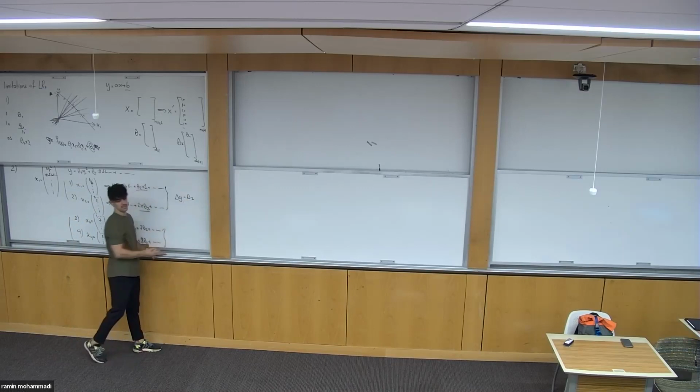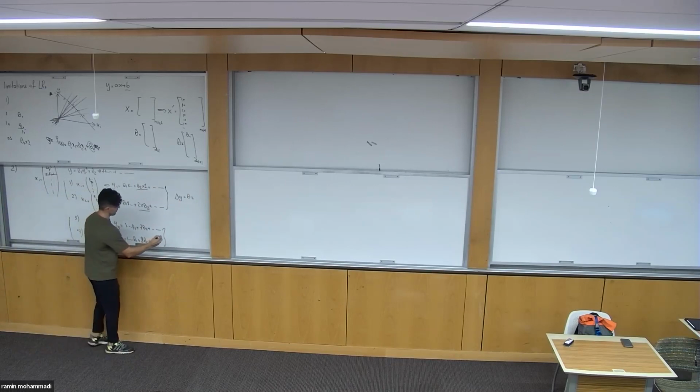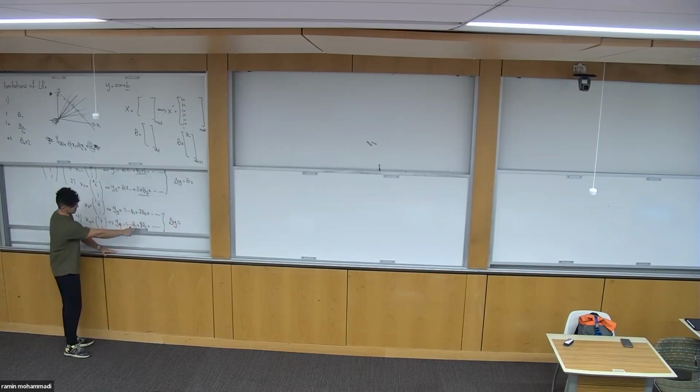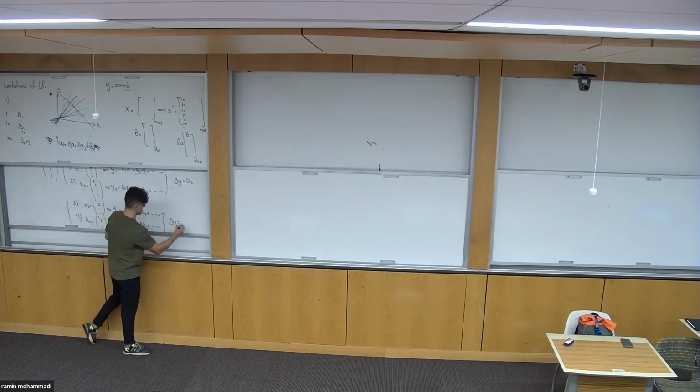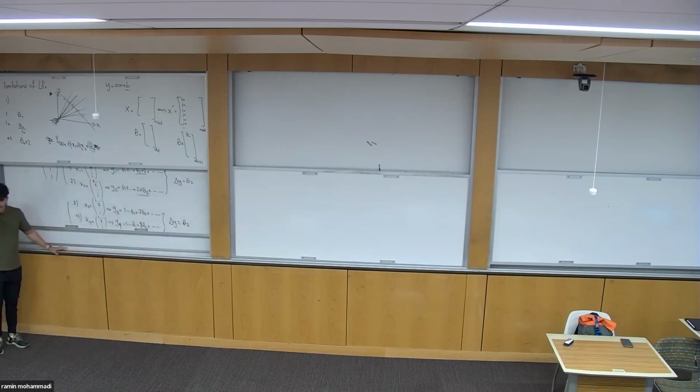Whatever the value of theta 2 is, that is the price gap between house one and house two. Does that make sense? Yep. If I do the same thing for 7-bedroom and 8-bedroom, the only difference is this part, so I get theta 2 again.